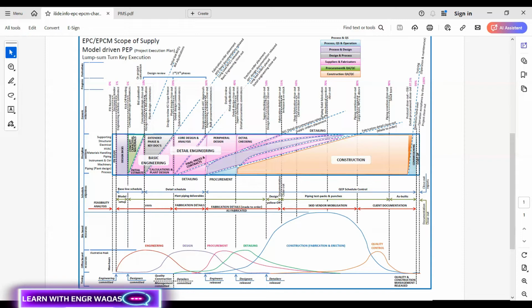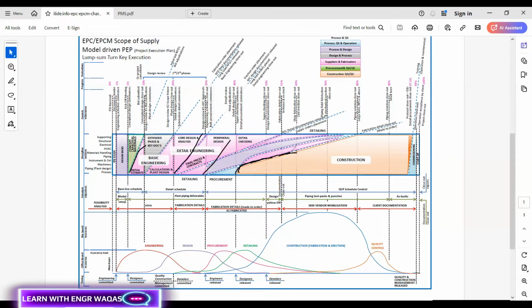Once the construction phase has started, you should keep an eye on how basic engineering starts, how detail engineering starts, and how procurement starts. Everything overlaps, and then construction starts. In the start, construction work is very little.